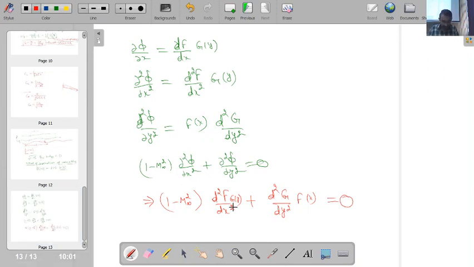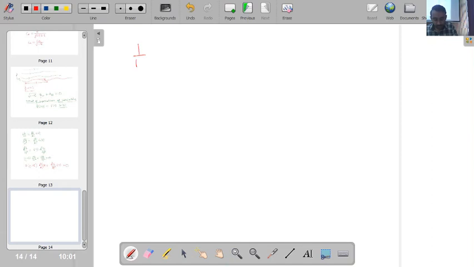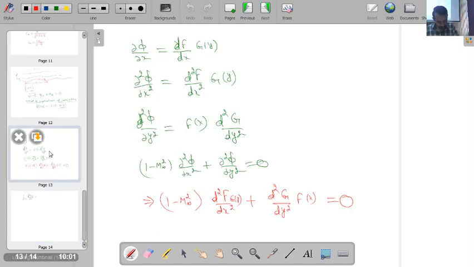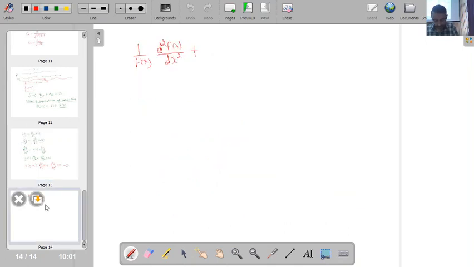If I rearrange the terms, I get 1 by f of x into d square f of x by dx square, plus 1 by g of y into 1 by (1 minus M infinity square) into d square g of y by dy square, equal to 0. Okay, so with a small rearrangement, we get something like this.